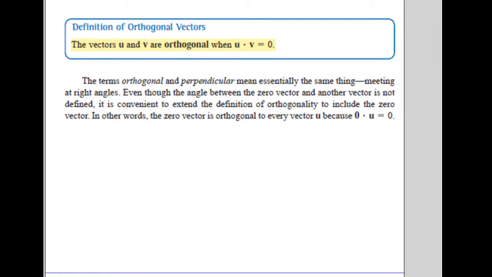Two vectors are said to be orthogonal if and only if u dot v is equal to 0. The terms orthogonal and perpendicular mean essentially the same thing: they meet at right angles. Even though the angle between the 0 vector and another vector is not defined, it's convenient to extend the definition of orthogonality to include the 0 vector. In other words, the 0 vector is orthogonal to every vector because 0 times any vector is equal to 0.